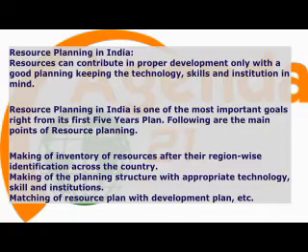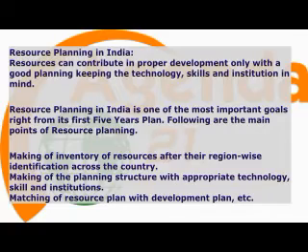It uses a three-step complex process for resource planning, which involves: number one, identification and inventory of resources in the country, done through survey, mapping, and qualitative and quantitative estimation and measurement of resources; number two, evolving a planning structure endowed with technology, skill and institutional setup; number three, matching the resource development plan with the overall national development plan.